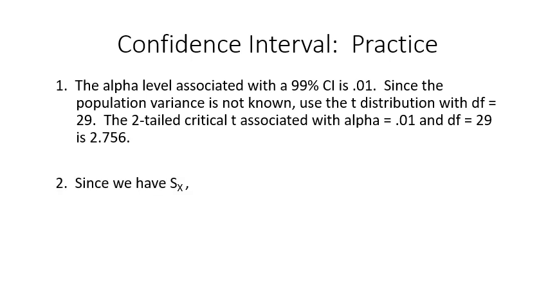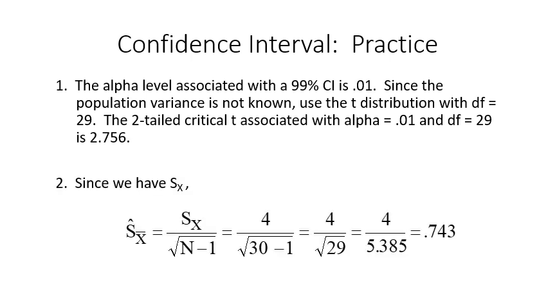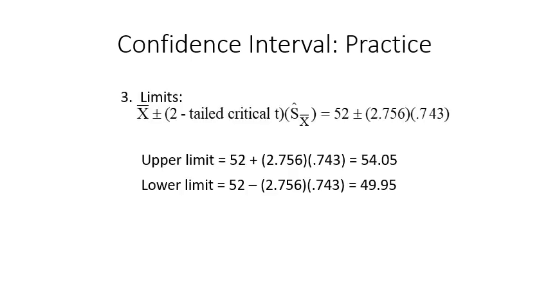We need to calculate our estimated standard error of the mean from the sample standard deviation. We plug in those values again and get 0.743. Now we can plug those two values, 2.756 and 0.743, into our formula, and we get the lower limit and upper limit.